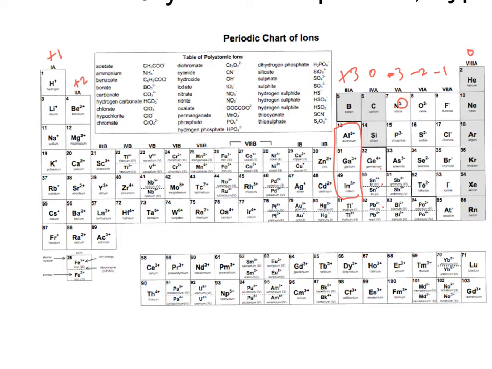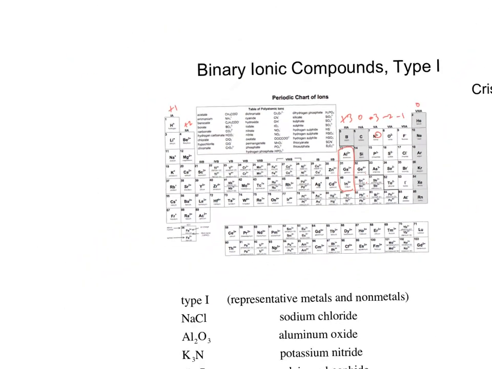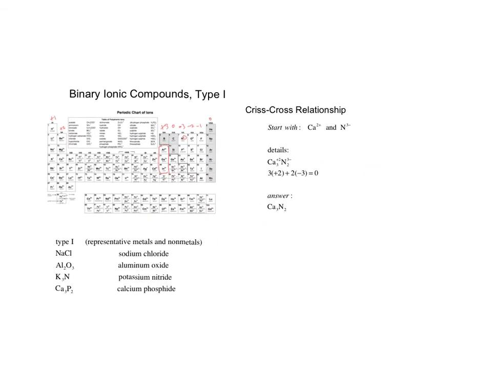I didn't give you the... Sorry, it was here, right? Okay. All right, so then if you want to figure out the formula of the compound formed between calcium and nitrogen, you know that calcium's in group 2, so it's +2. Nitrogen is in group 5A or 15, therefore it wants 3 electrons, so it's -3.